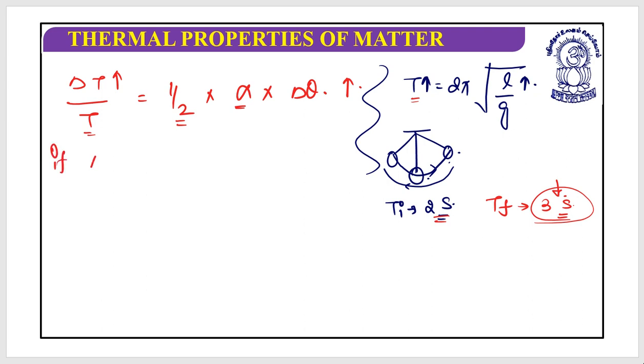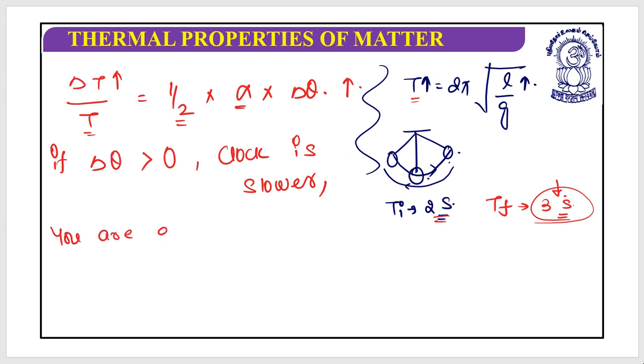So if delta theta is greater than 0, your clock is slower, and when your clock is slower, you are going to lose seconds or minutes or hours.